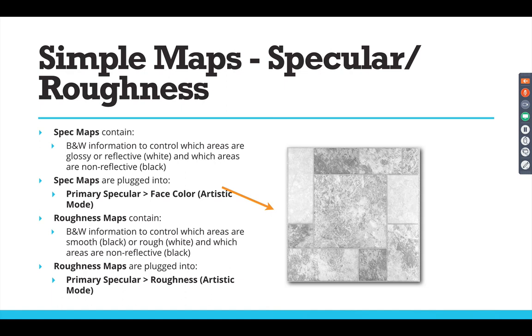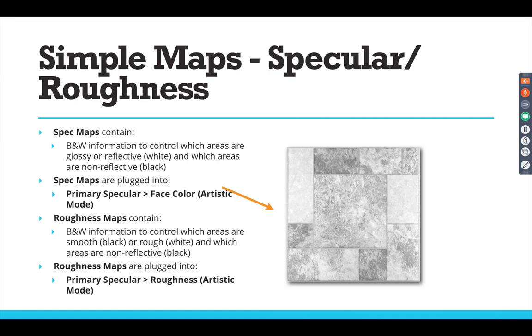That's under primary specular. Does anybody remember what's the control in primary specular that we use to adjust how reflective something is? What is it? Face color.